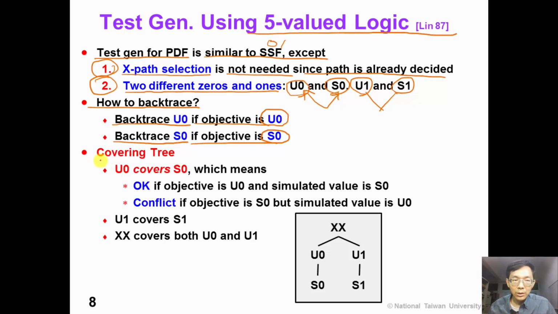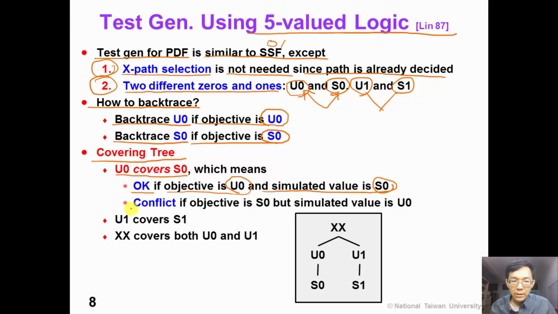However, we need to decide whether we have achieved our objective using the covering tree. We say that U0 covers S0, which means that it is okay if our objective is U0 and we simulate the value to obtain a static 0.